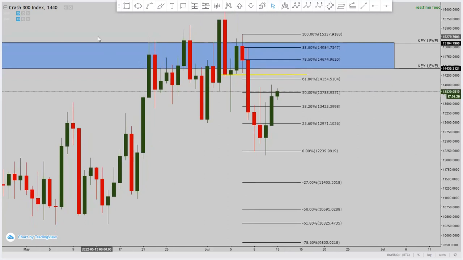When it comes to moving averages, we also have major moving averages and minor moving averages. Major moving averages can show you the overall direction where that particular instrument has been going.